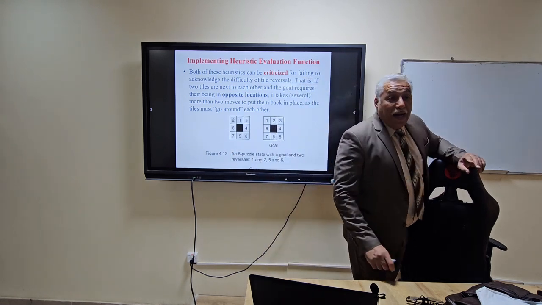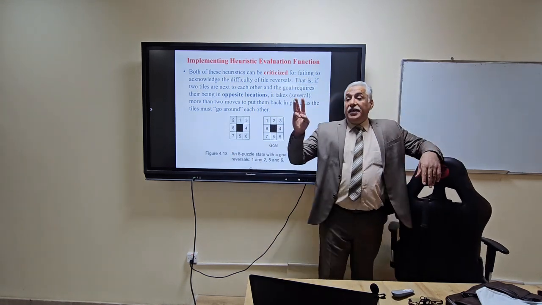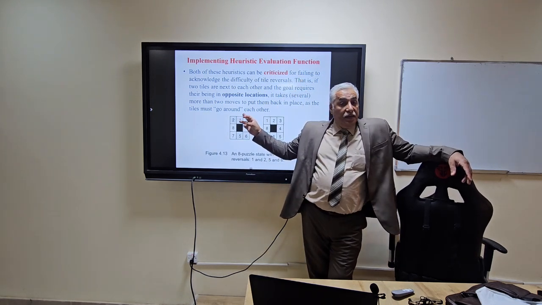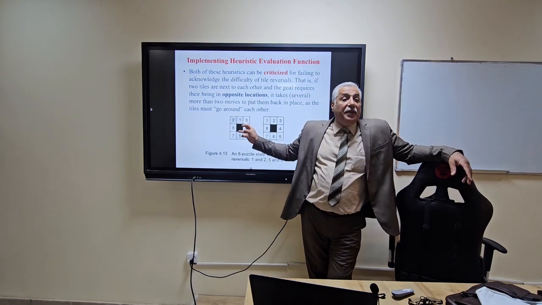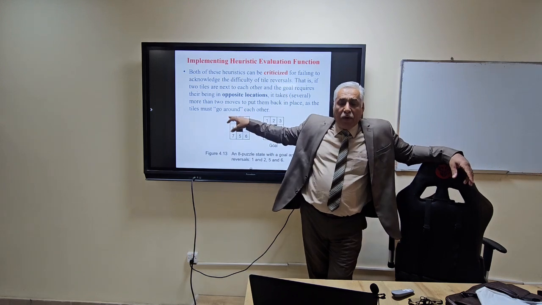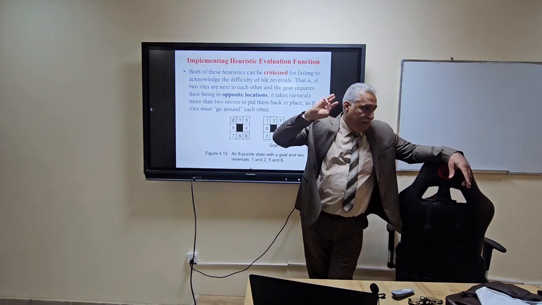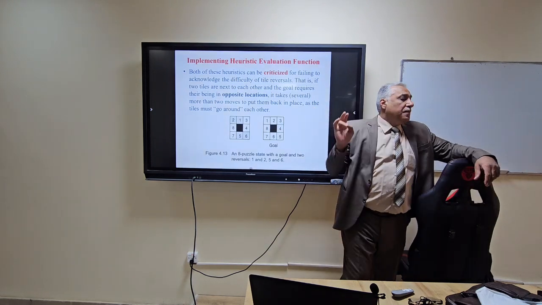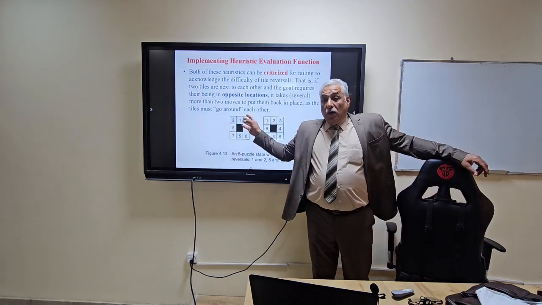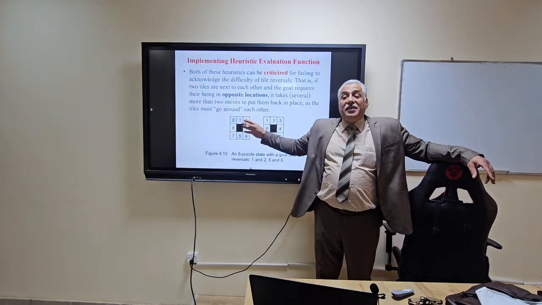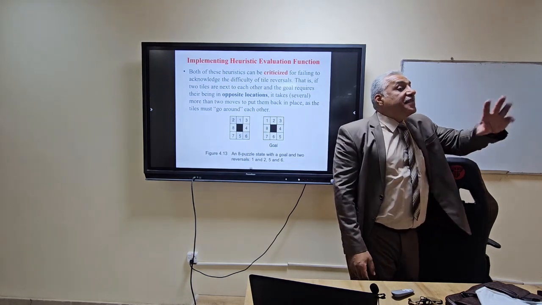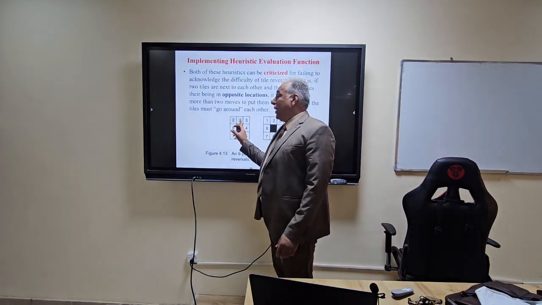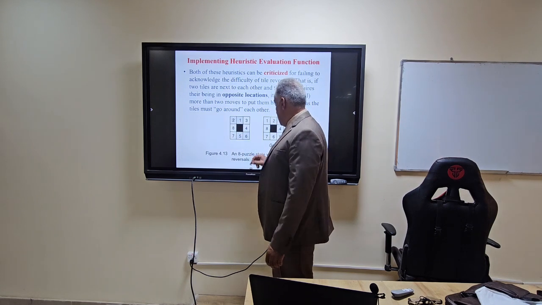Thus, I get 3 factors. The first one, the number of tiles that are out of place. That means the number of tiles that have wrong places. Second, the distance, the count of the distance for each tile.